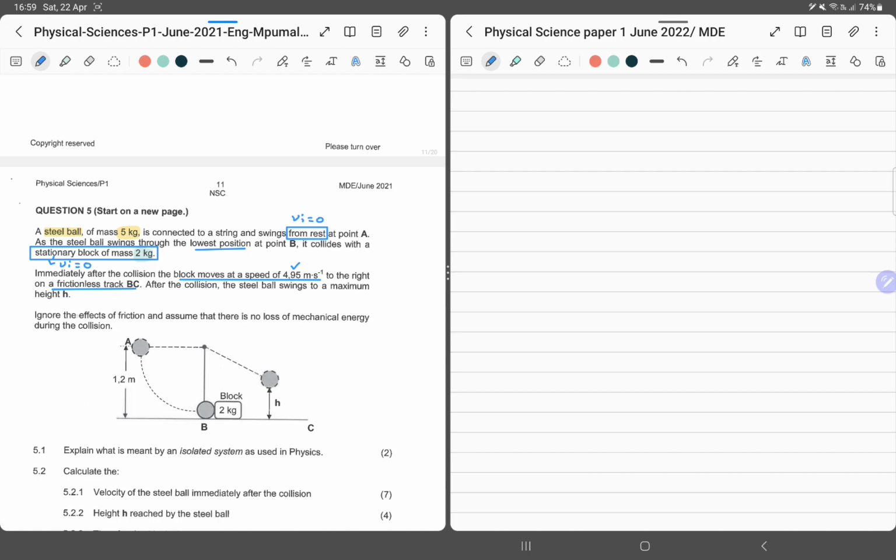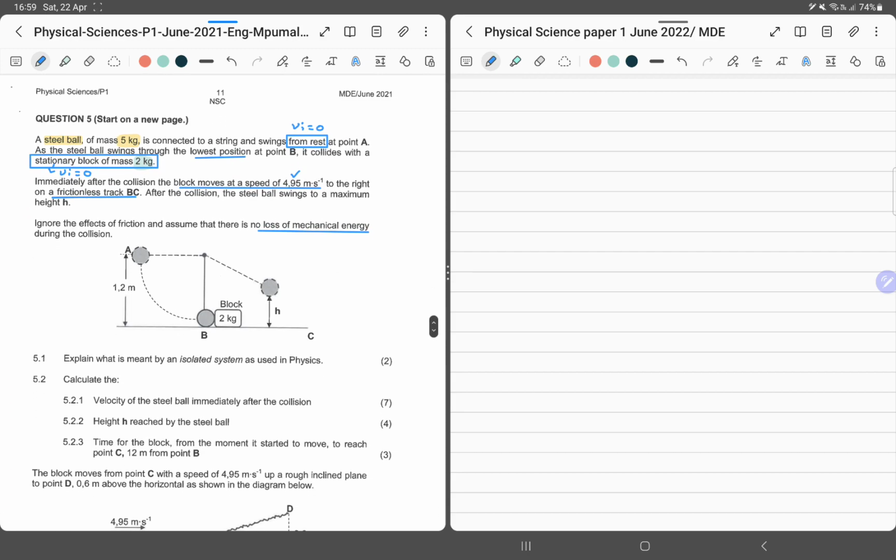Ignore effects of friction and assume that there is no loss of mechanical energy. That's a closed system right there. So we've got our diagram there for us, so it makes life easy. So it says now explain what is meant by an isolated system as used in physics. So we're doing question 5. 5.1, what do we know?